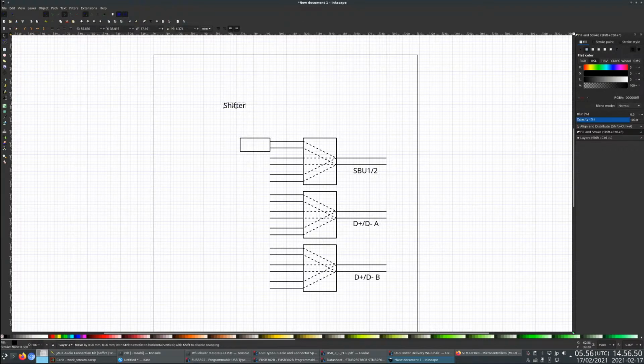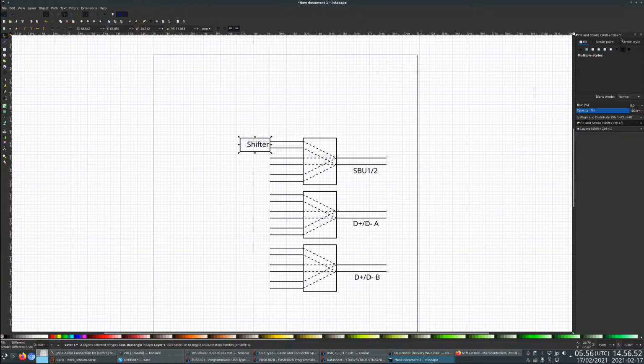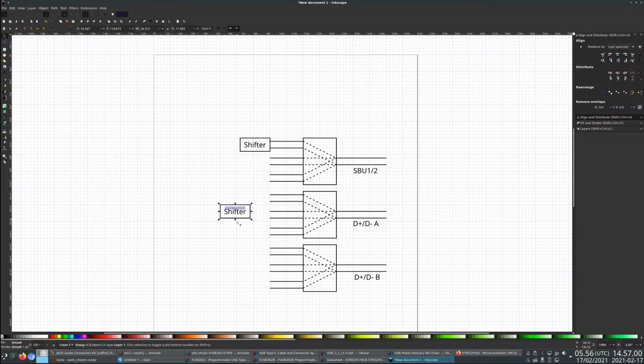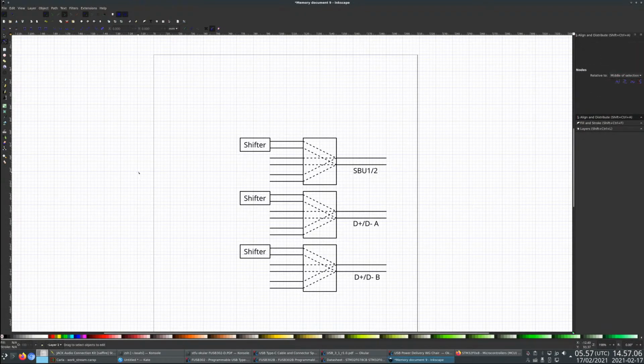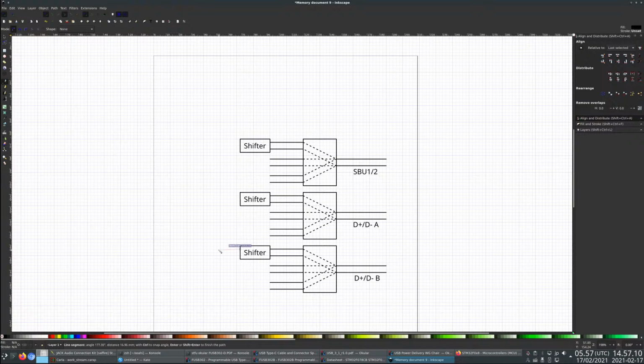Level shifters. And a bypass. Oh, sorry.